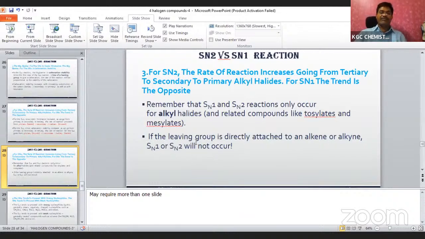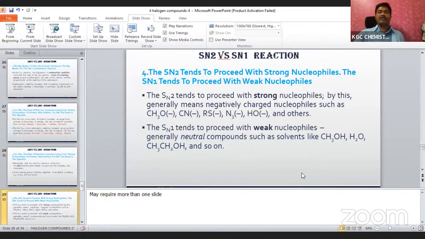SN2 tends to proceed with strong nucleophiles. SN1 tends to proceed with weak nucleophiles. This we discussed here. Methoxide is stronger than cyanide.